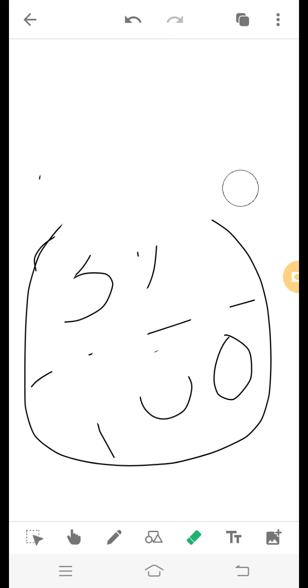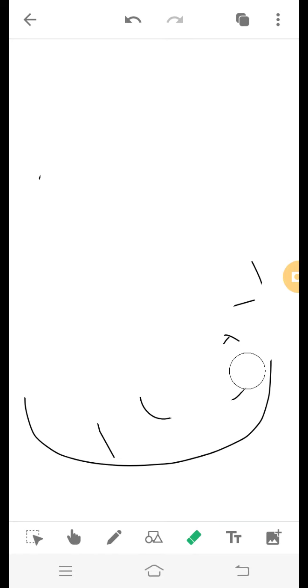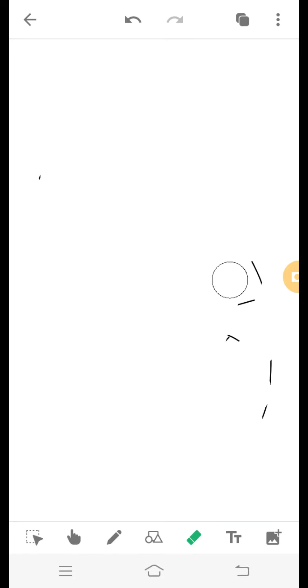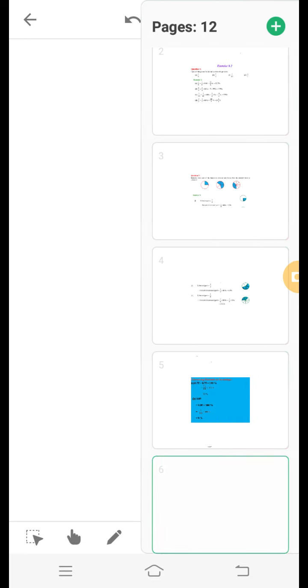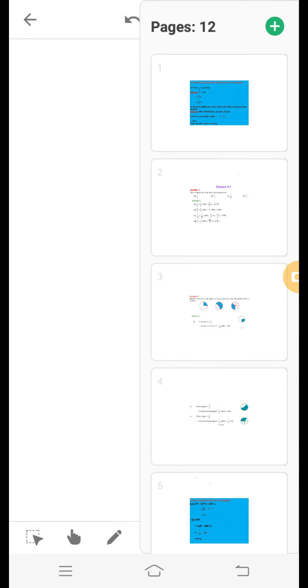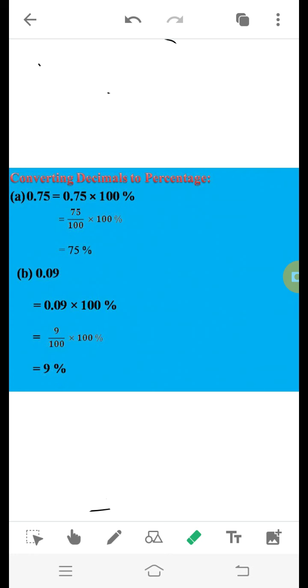Now, how to convert this decimal number into percentage form? The first step is you have to convert this number into the simple form. Let us understand with an example. Here, 0.75 is given.